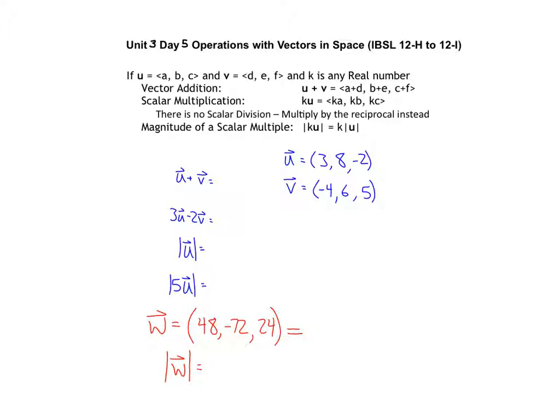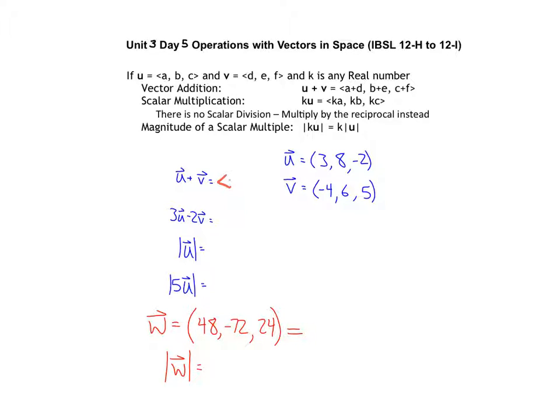If I were doing u plus v, and u was 3, 8, negative 2, and v is negative 4, 6, 5, what would u plus v be? 3 plus negative 4, so that's negative 1.